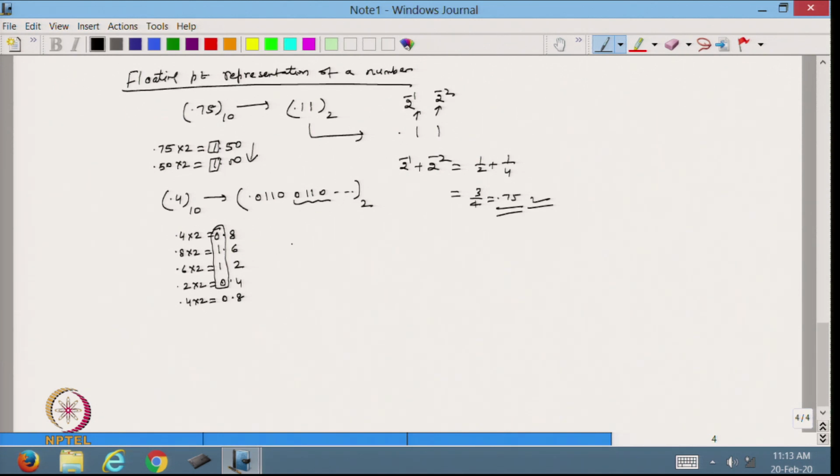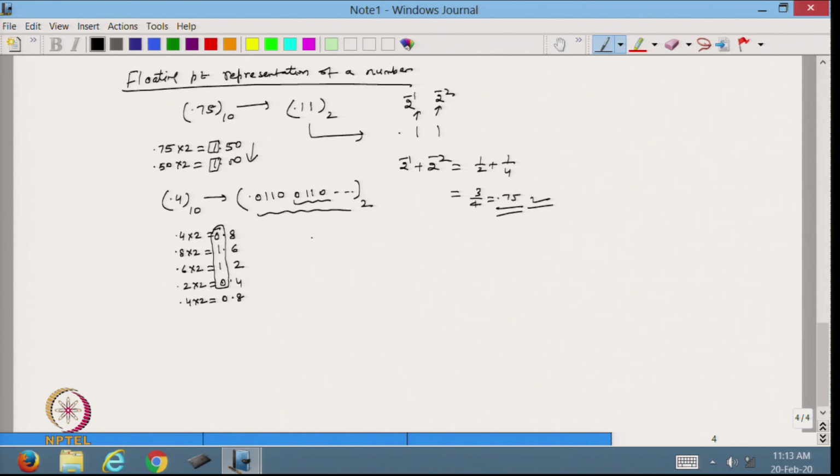From here we can see that 0.4 is a terminating value in decimal, but if I convert it into floating point binary form, then this is the recurring relation we get. So that way we can convert a floating point number in decimal form to binary form.